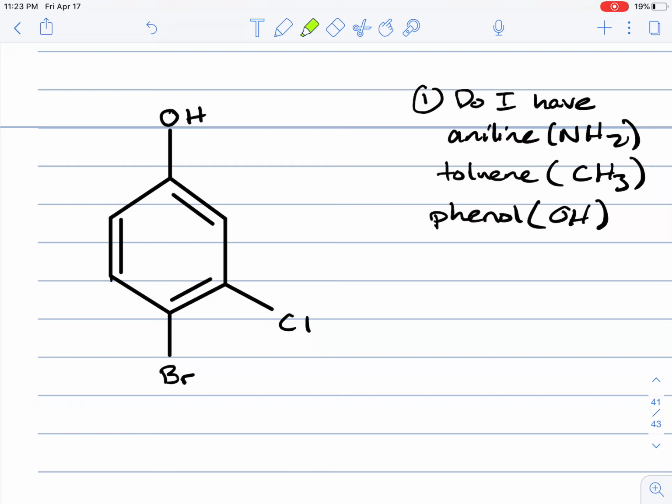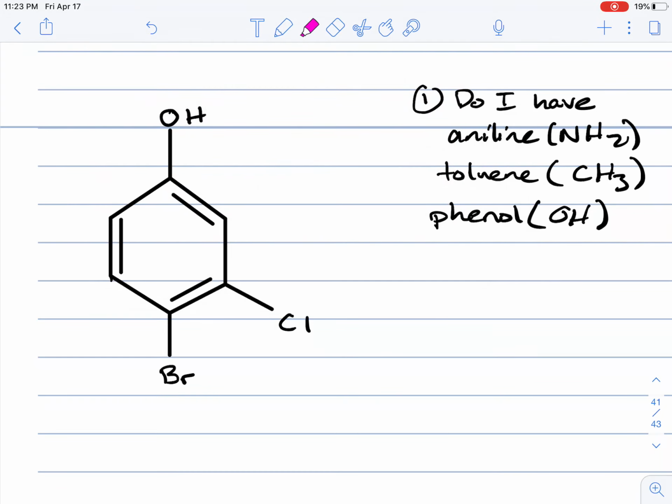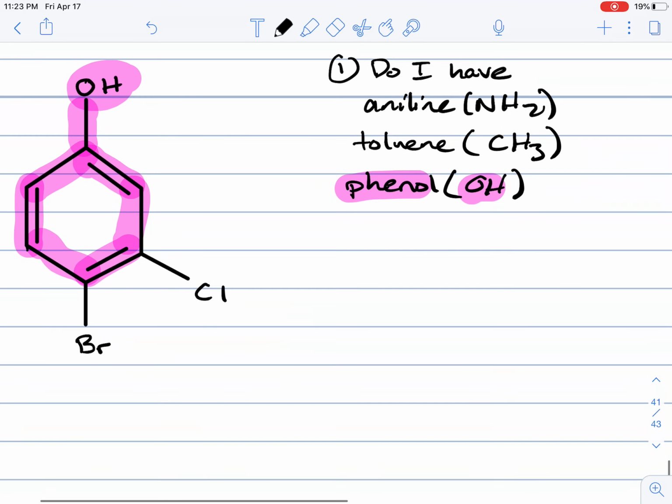And if you look at the top, I do. Okay, actually I should do pink. I always do pink for parent. So I do have my OH present, so therefore the name of the parent is phenol. And the phenol is describing everything here. Okay, so that whole thing in pink is a phenol.